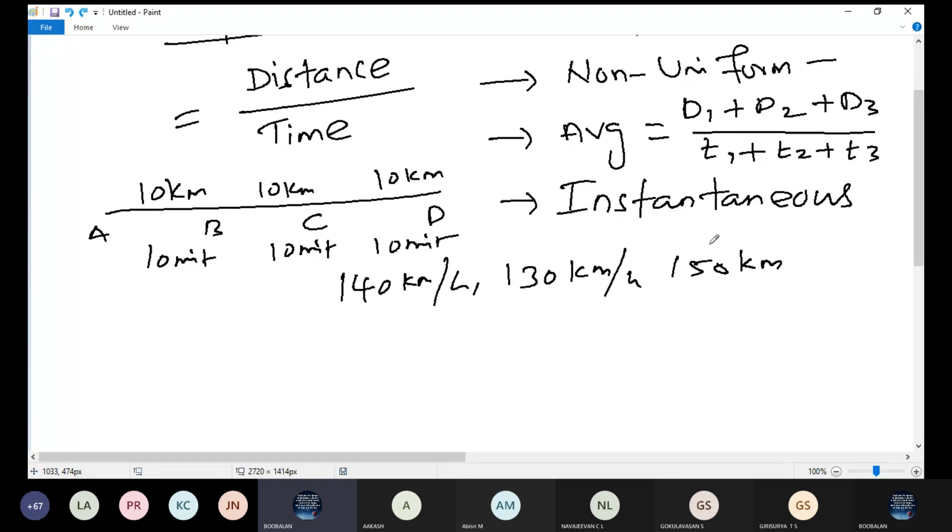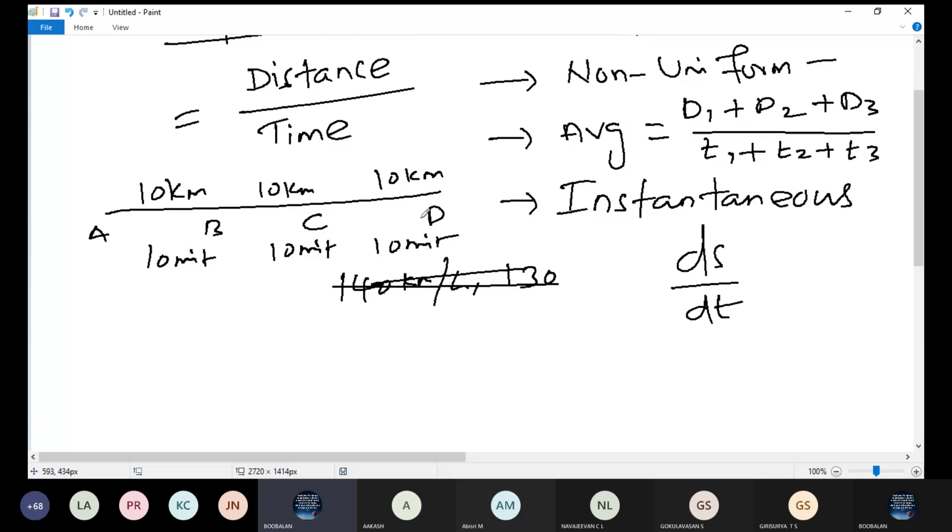So that is the instantaneous, ds divided by dt.